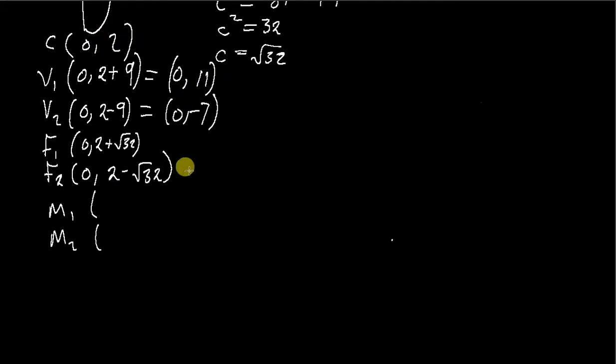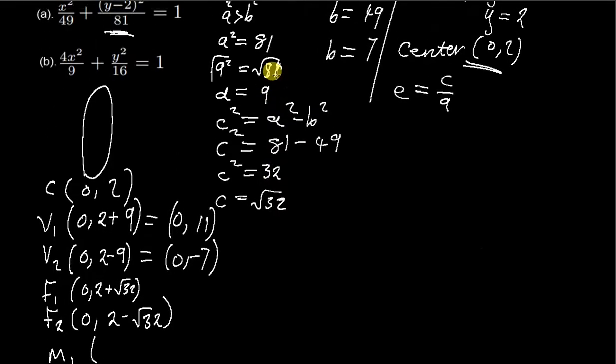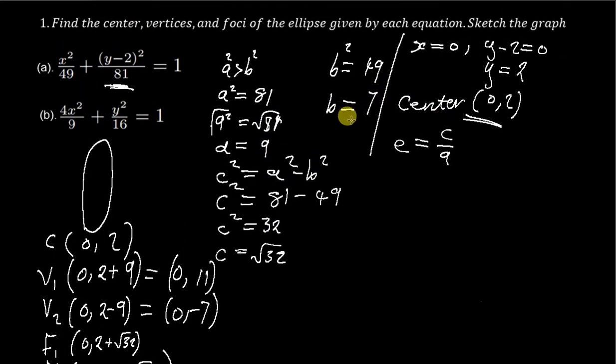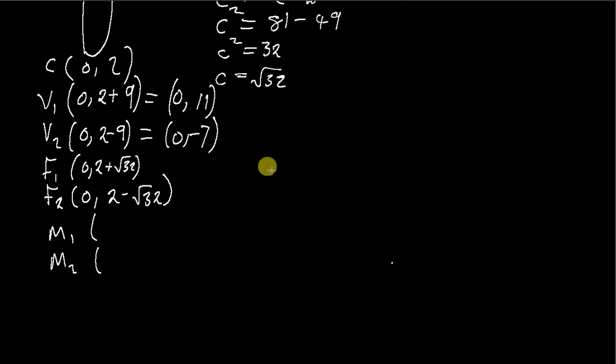So for the minor we have the value of b, which is just 7. So we're going to have 7, 2. So we're going to subtract and add 7 to the x coordinate.